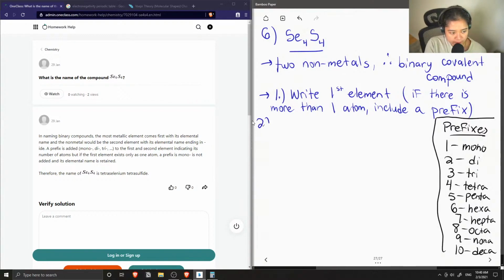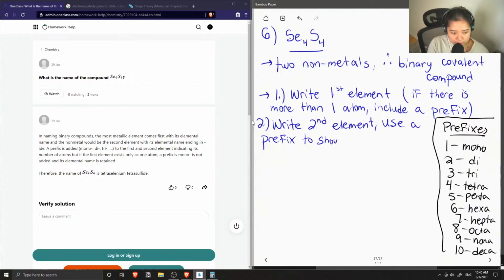Okay, so these are all the different prefixes that will be helpful in naming these compounds. So now step 2 is to write our second element. And we would always use a prefix, even if there's only one, to show how many atoms we have.